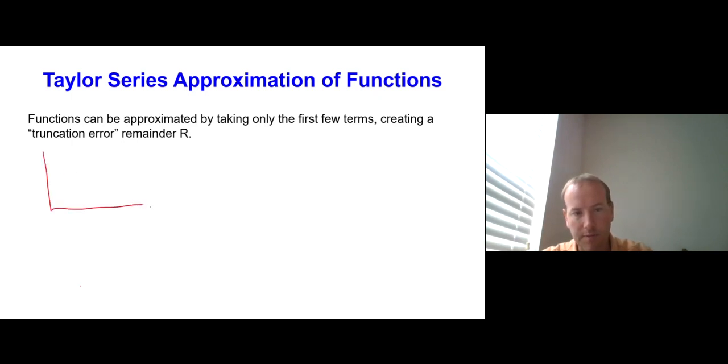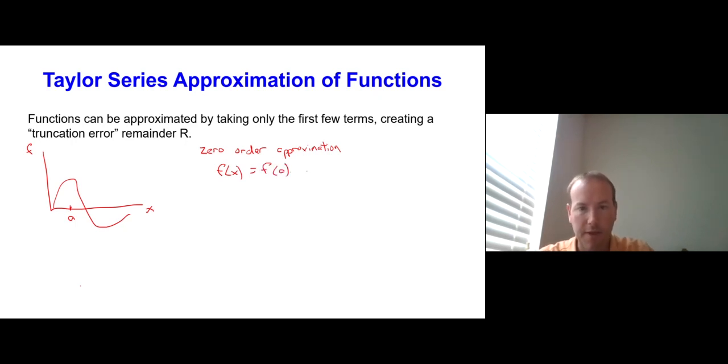So if I redraw my function here, we could take a zero order approximation, which would simply be taking the very first term, so f of a, and there's going to be some sort of error associated with that.